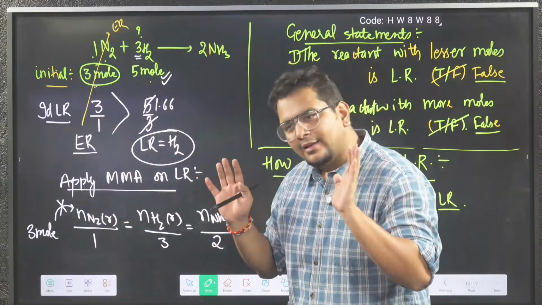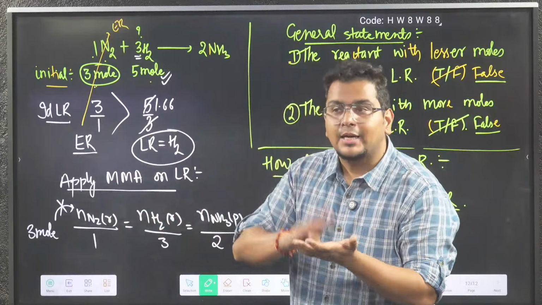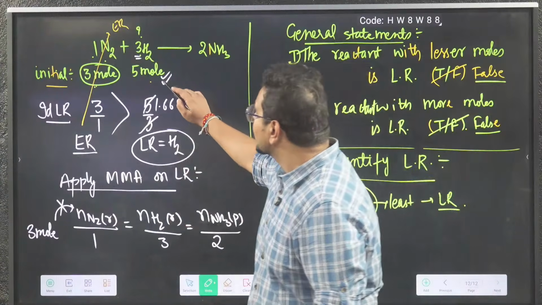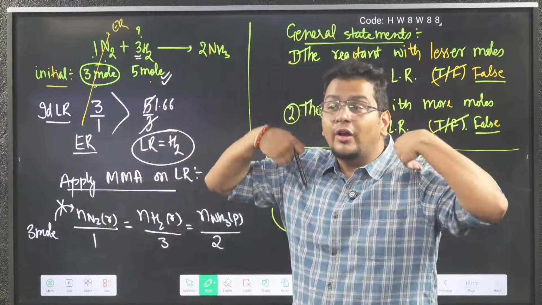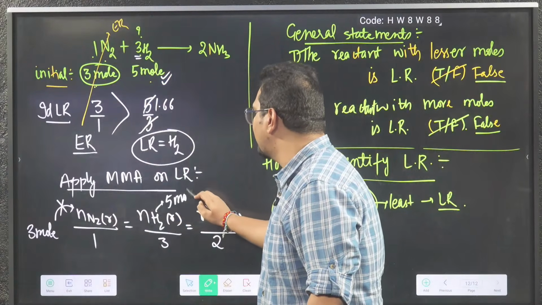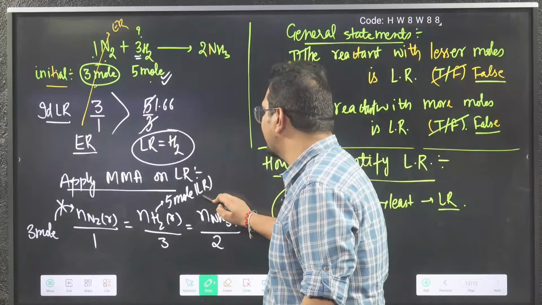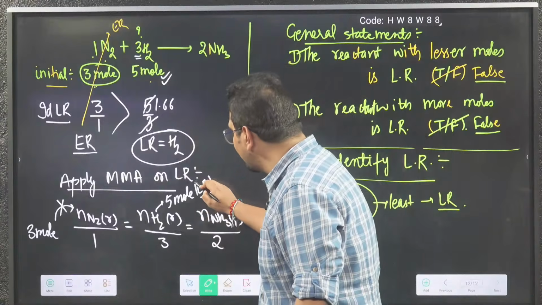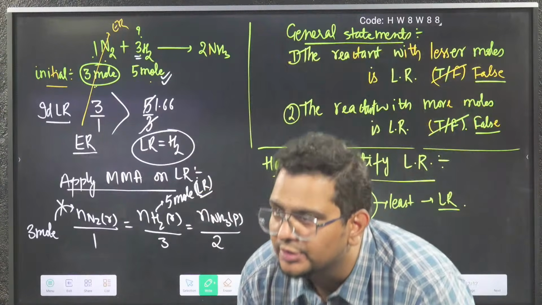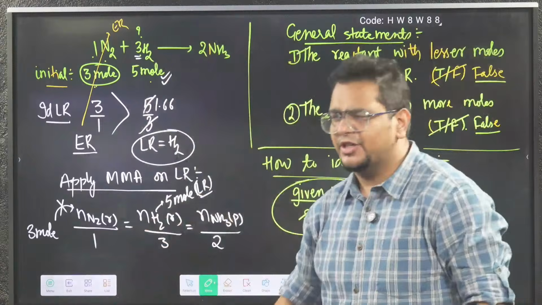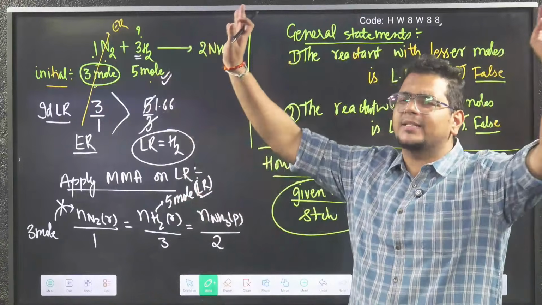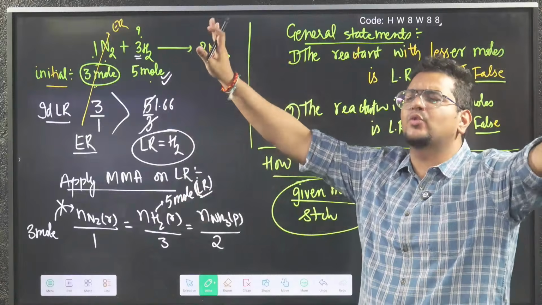Nitrogen given 3 mole, but the complete 3 mole is not reacting. Hydrogen given 5 mole, and all 5 mole is reacting. So can I put here hydrogen as 5 mole because it is the limiting reagent? That's the definition: limiting reagent will be completely consumed. 5 mole hydrogen, assuming 100% efficiency because efficiency is not given. So I'm assuming that 100% of whatever is given is willing to react.